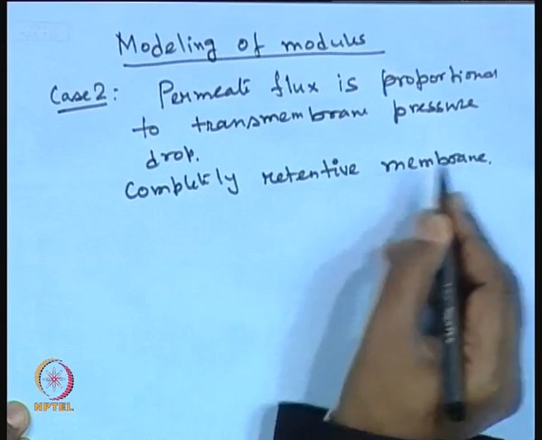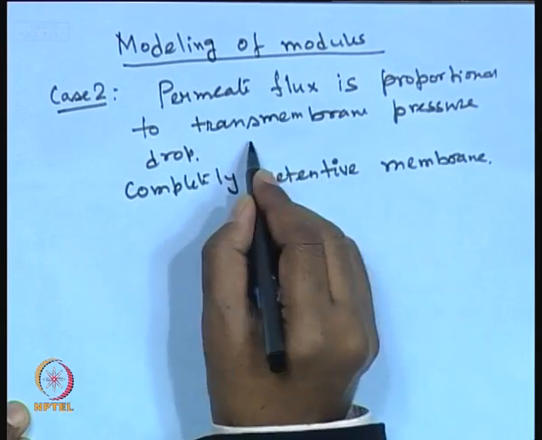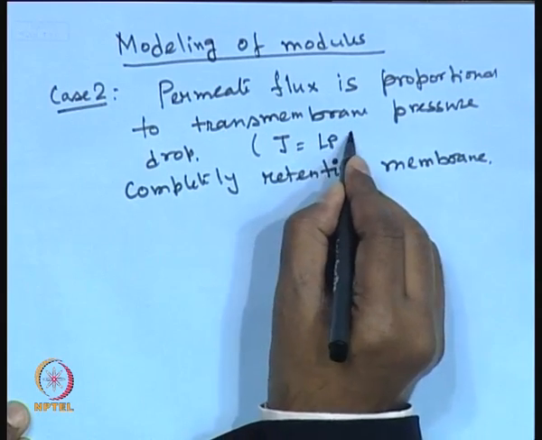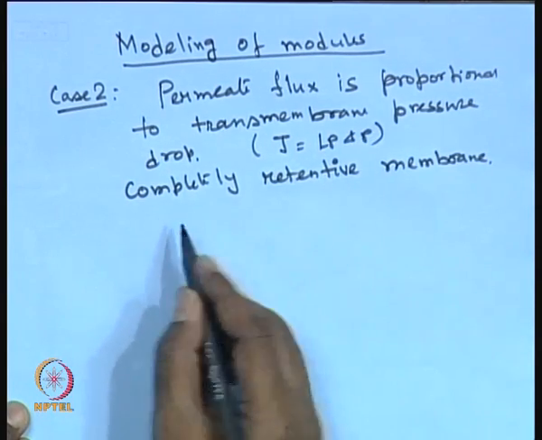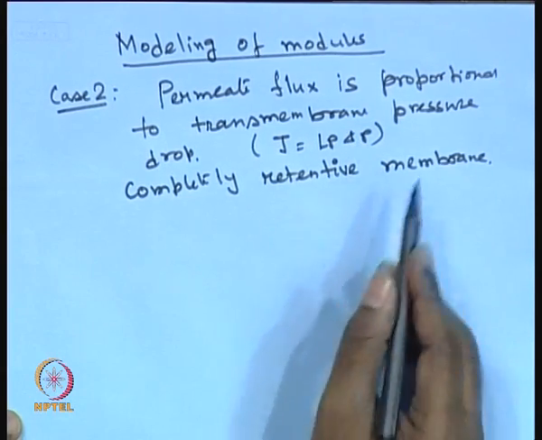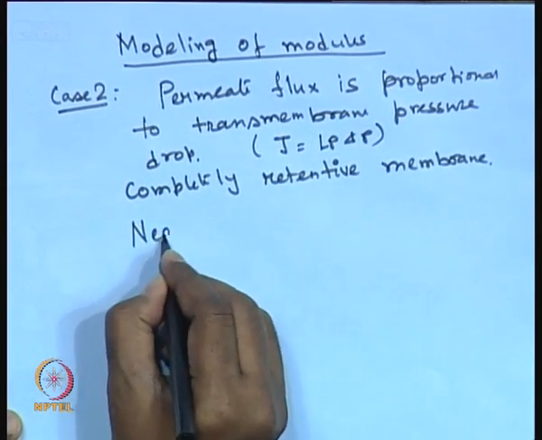That means Cp is equal to 0, and permeate flux being proportional to transmembrane pressure drop means J is equal to Lp del P. That means we are neglecting the osmotic pressure compared to the feed pressure. That means negligible.